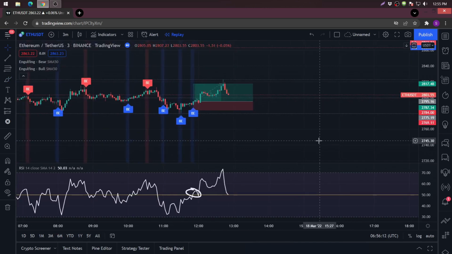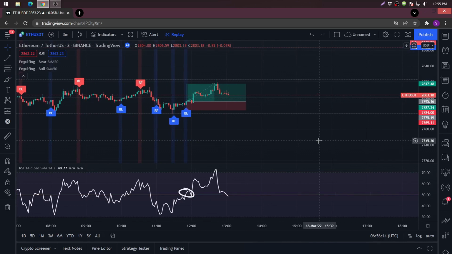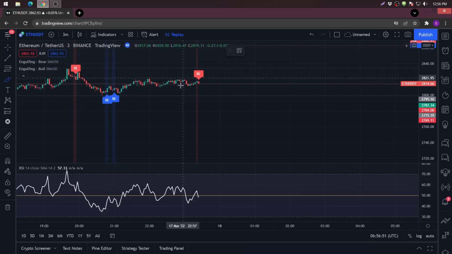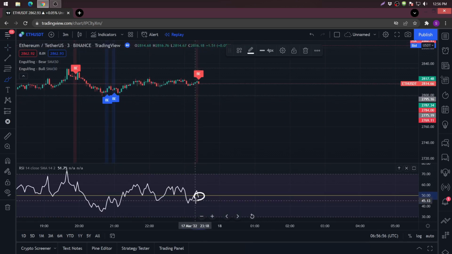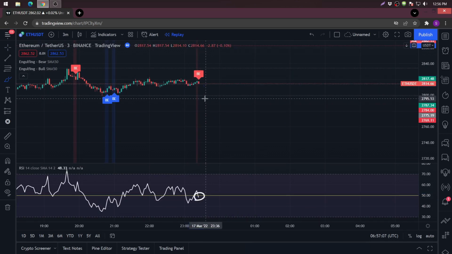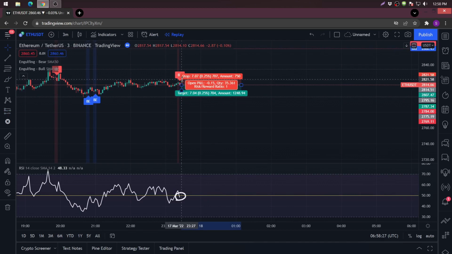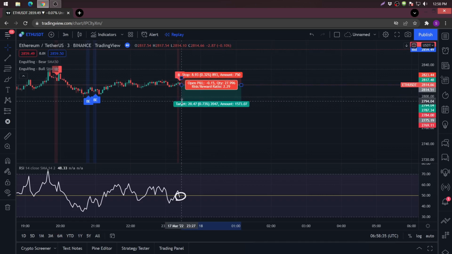So let's go with another example of how you can generate a sell signal with the engulfing pattern and RSI. In this chart price is below the RSI middle line, so the first confirmation is done and also the bearish engulfing is active. So the second confirmation is also done. So now here we just take a short position and our entry point will be here and our stop loss will be the engulfing level and the profit target will be 2 times our stop loss.